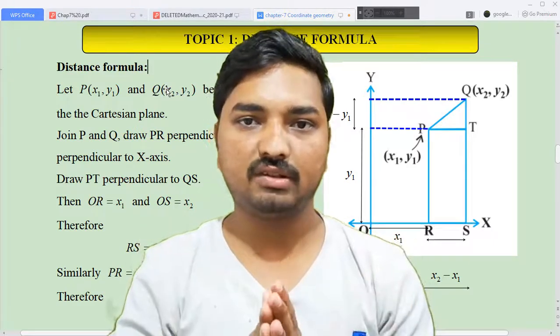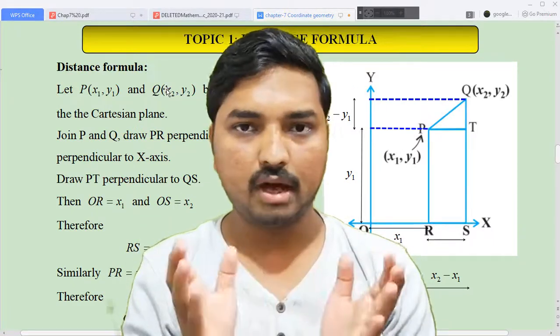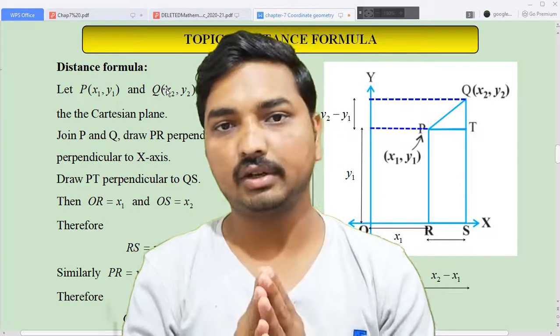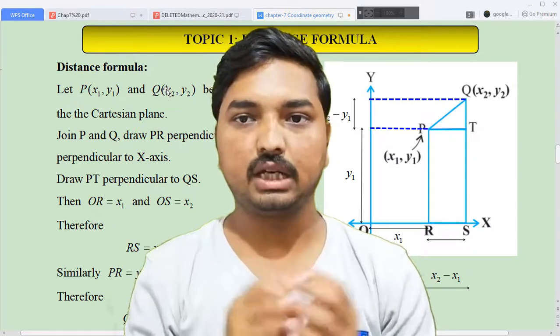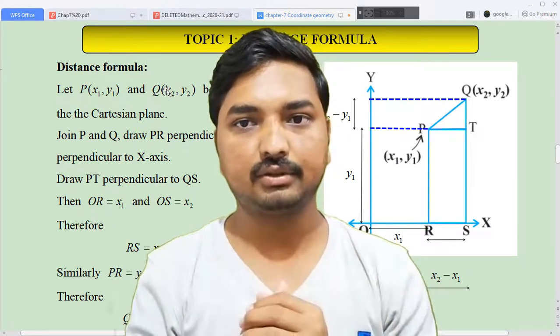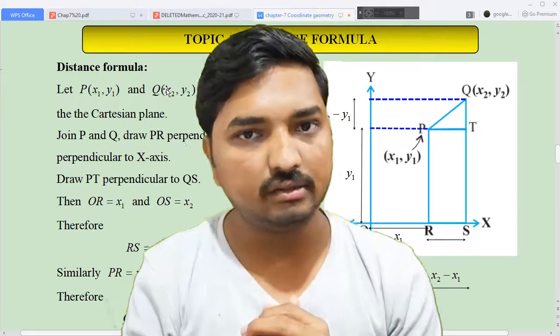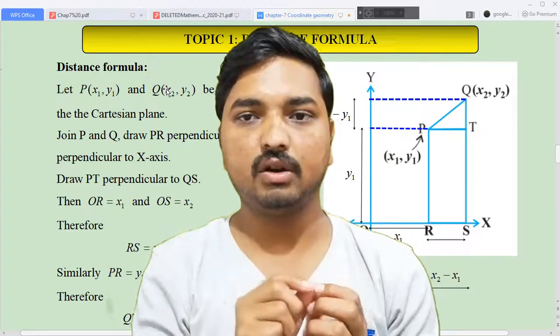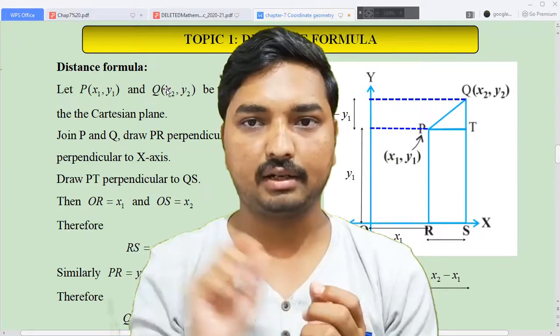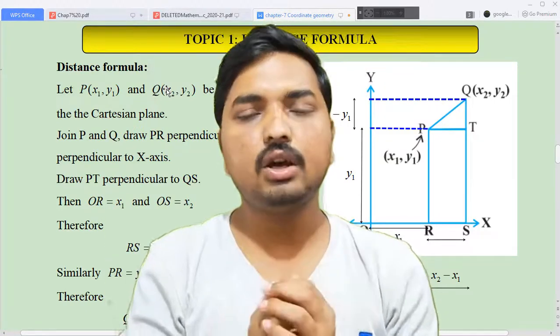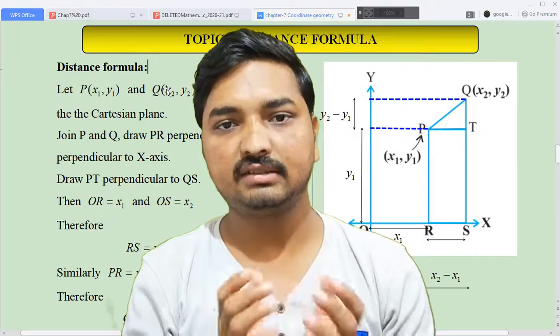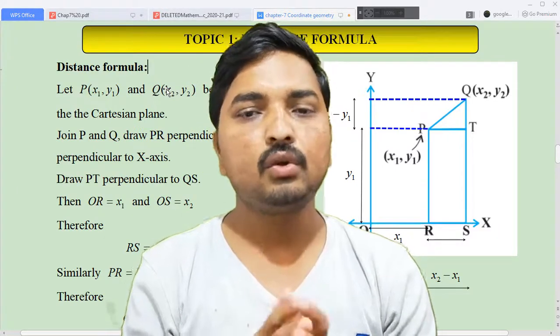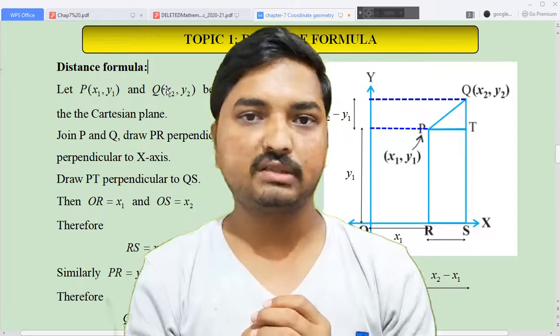You have studied this in physics, distance, displacement, like that. Distance is always the straight line distance. We have to consider it in a straight line manner. I think you are getting some idea about this concept.